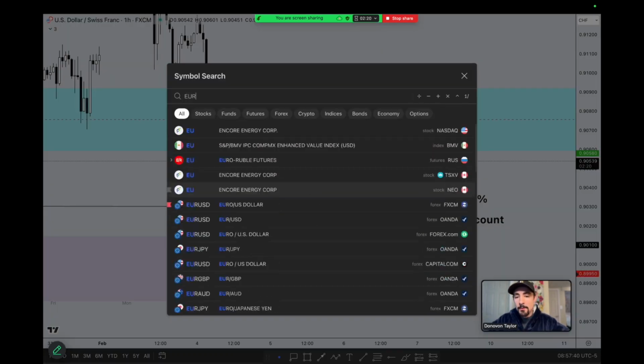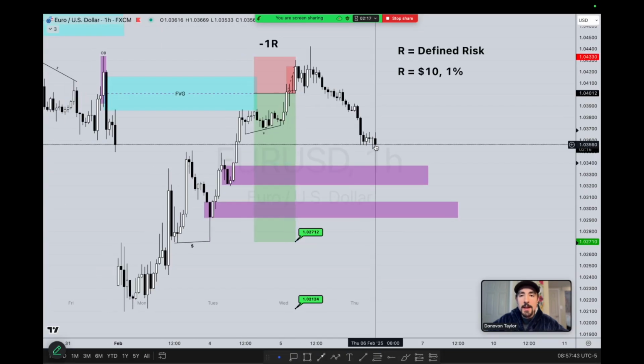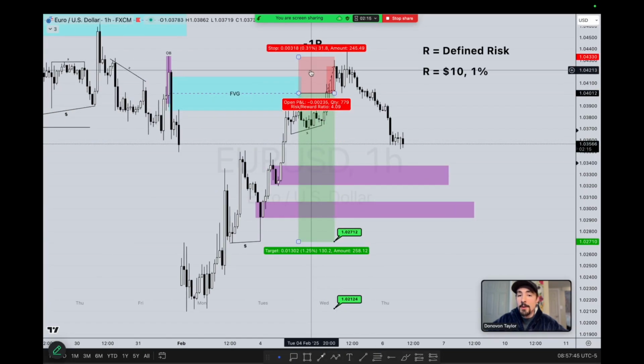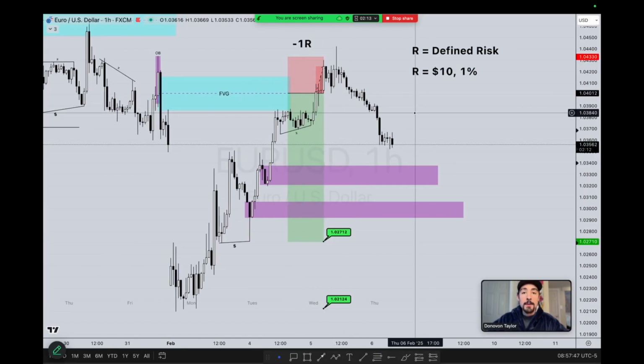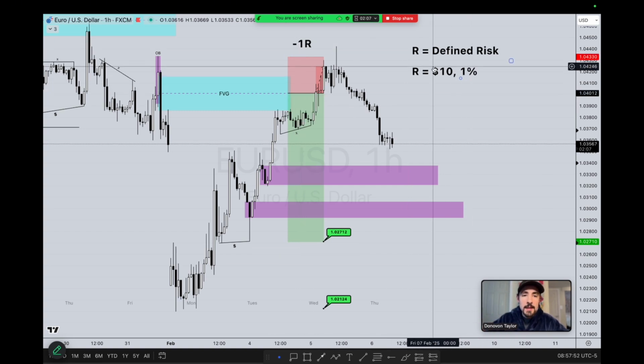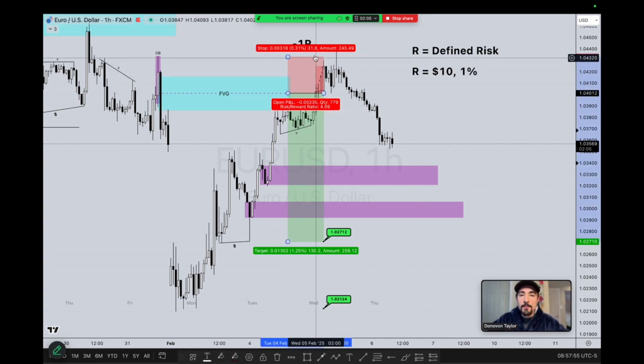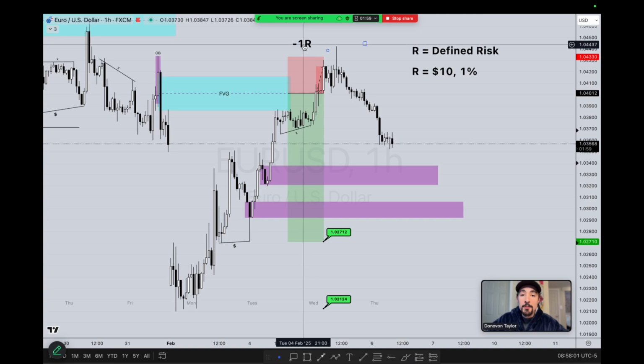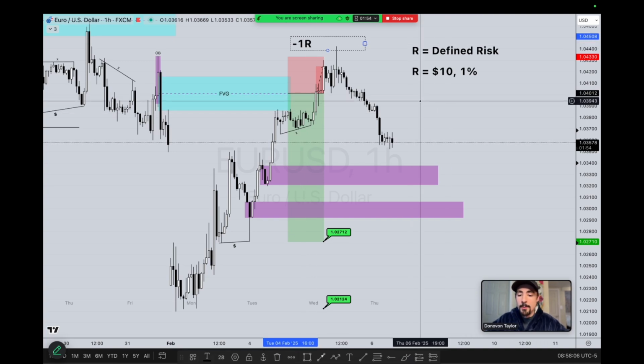A prime example of this literally happening this week is we had this Euro USD sell that ended up being a losing trade. And if you took the time to calculate your risk, you're just down $10 on this losing trade. This is a 31.8 pip stop loss. Again, you calculate your lot size accordingly using the calculator, but you would be down -1R on that particular trade.